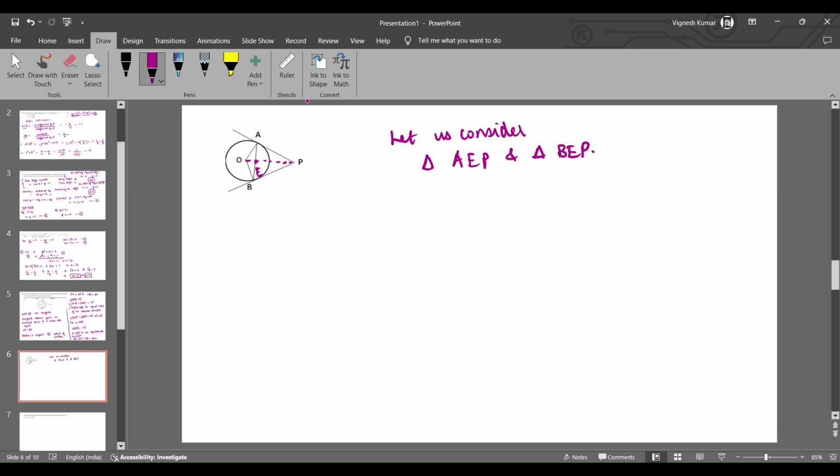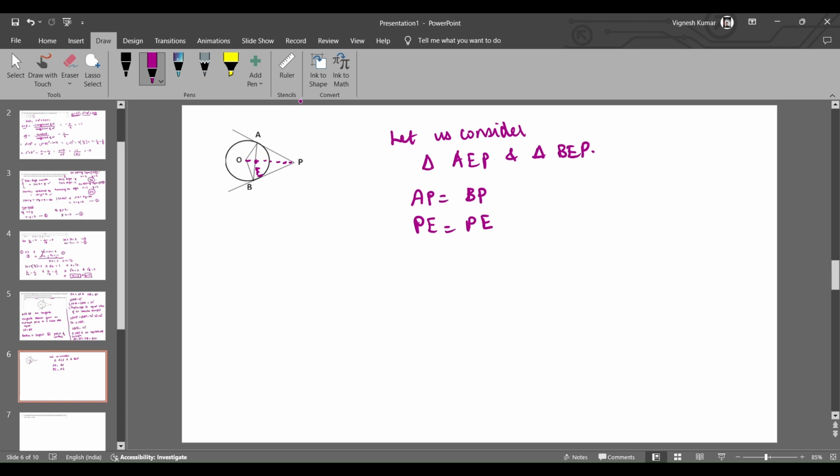In these two triangles we have AP is equal to BP, since they are tangents drawn from an external point to the circle, and PE is equal to PE, since it is a common side to both these triangles.